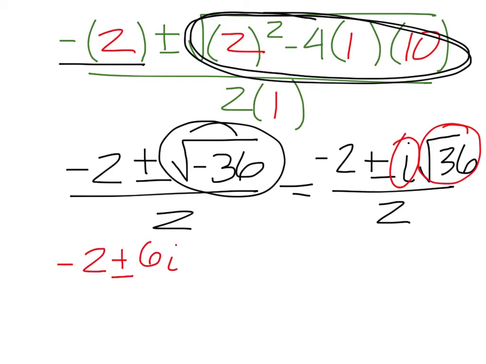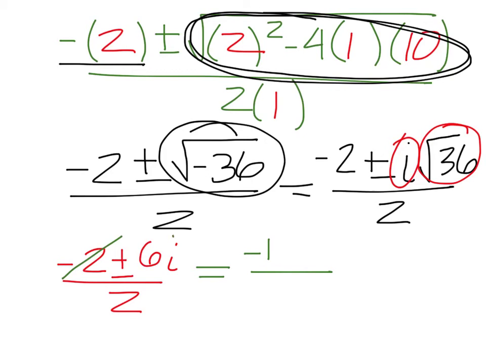Just make it 6i. Now back to what we were saying before, we could reduce now the 2 and the 2 as well as the 6. What number can I take out of all three of these? 2. Yeah, I can divide everything by 2. If I divide -2 by 2, what do I get? -1.